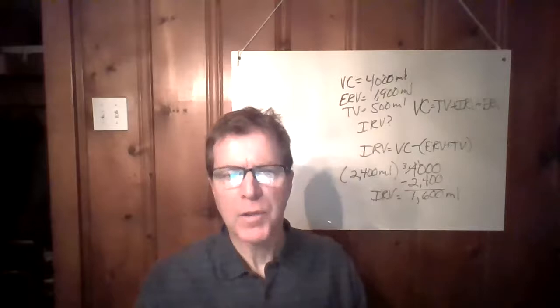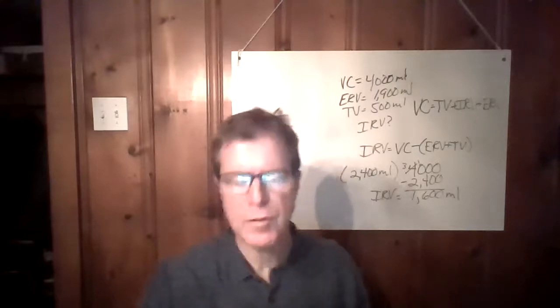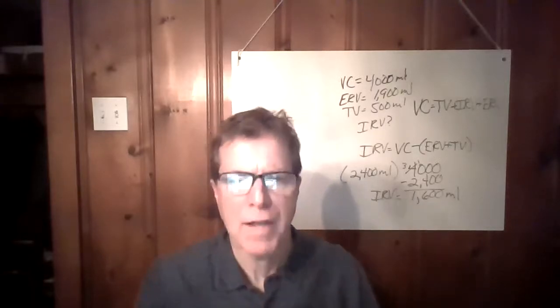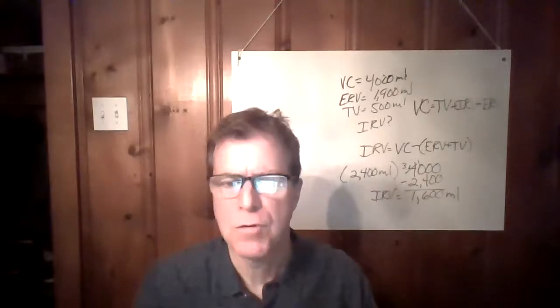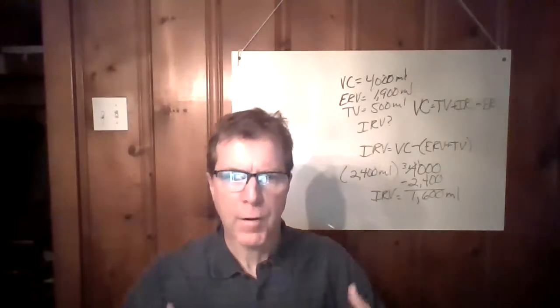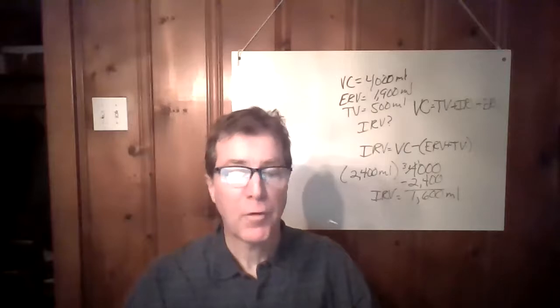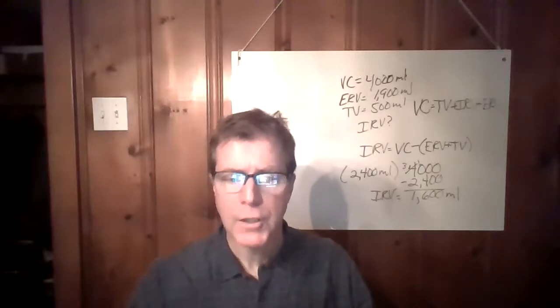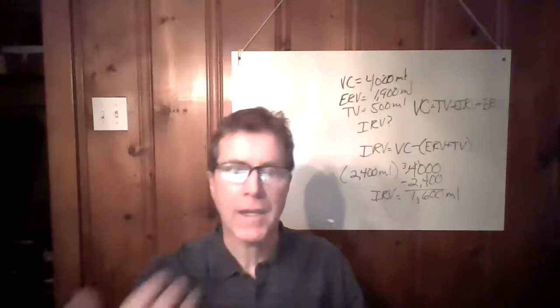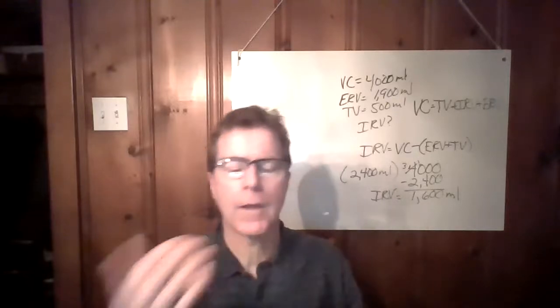Last one, number three, is the ventilation perfusion coupling. When you hear that term, ventilation perfusion, think of ventilation as moving of air, breathing in and out. Perfusion means blood flow. So ventilation is moving air into our lungs and out of our lungs.